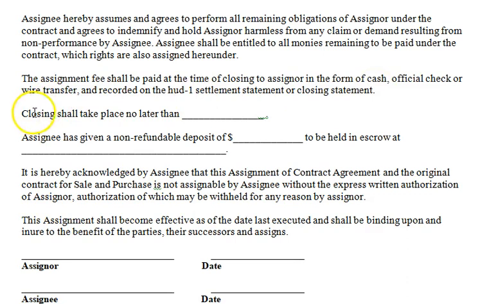Closing should take place no later than a date that is also going to be the date on the purchase agreement. You can't put a different date in there. If the purchase agreement is for 30 days, you can't put 60 days on this. So you want to put the closing date from the purchase agreement. If you've given a deposit, you want to list that here, and you'll get that back when the closing happens.